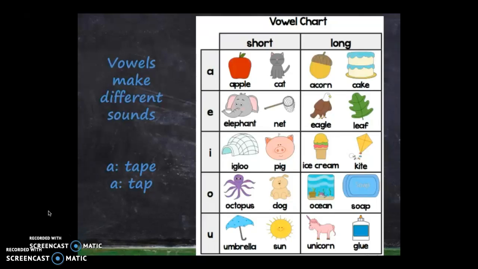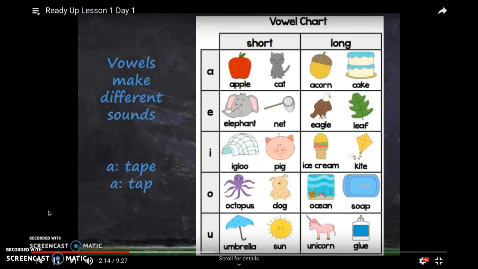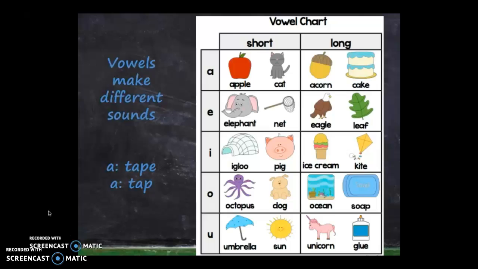Remember, our long vowel sounds always say their name. So they say A, E, I, O, and U. They say A, such as acorn, A, as in cake, E, as in eagle. The E says its name. Here, the E and the A actually work together, the E in leaf.